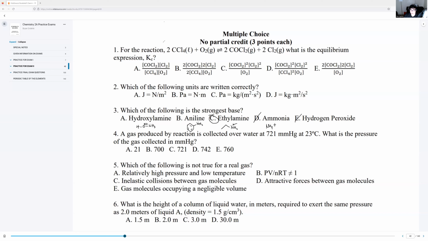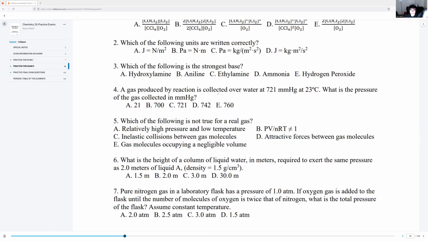All right. So we'll go on to the next one here. Number 4, it says a gas produced by reaction is collected over water at 720 millimeters mercury at 23 degrees Celsius. What is the pressure of gas collected in millimeters of mercury? So we're going to essentially take this and subtract the pressure due to water.